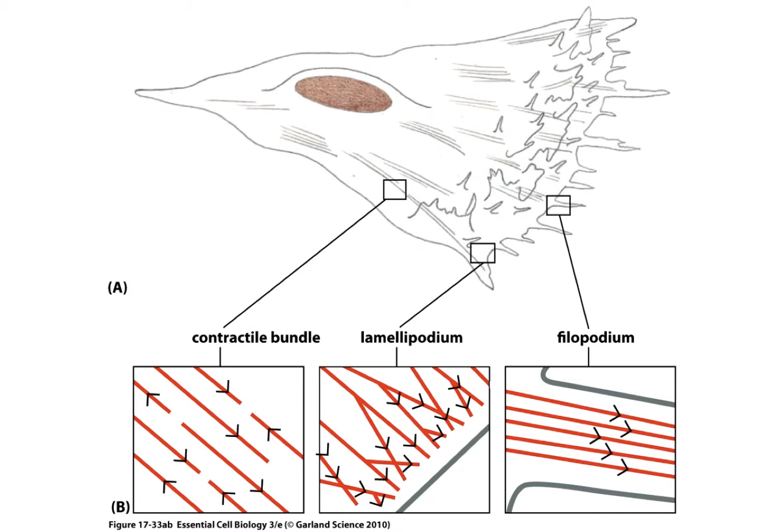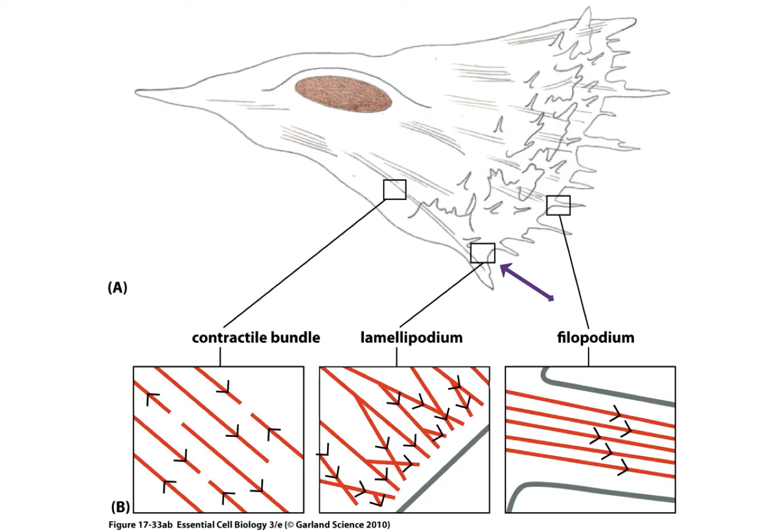When the direction of growth of the actin filaments has been studied, what is found is in these areas, these sort of stretch mark areas of the cell, the growth is in both directions. So it's sort of pushing those parts of the cell apart and stretching the cell.